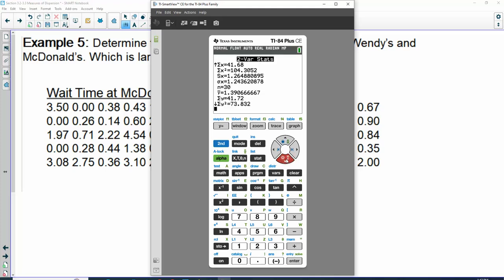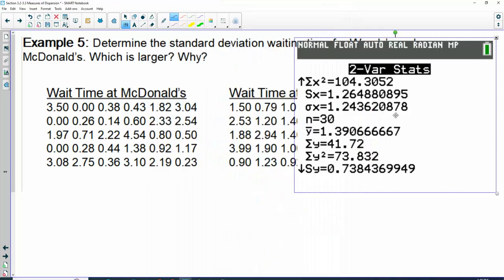You might have to go down a little bit so you can see them both, but notice it gives me standard deviations. Now it gives you both S and sigma. So you have to know, was this a sample where I would use the S, or is this a whole population where I use the sigma? So you have to decide. They're very similar, but there is a slight difference there.